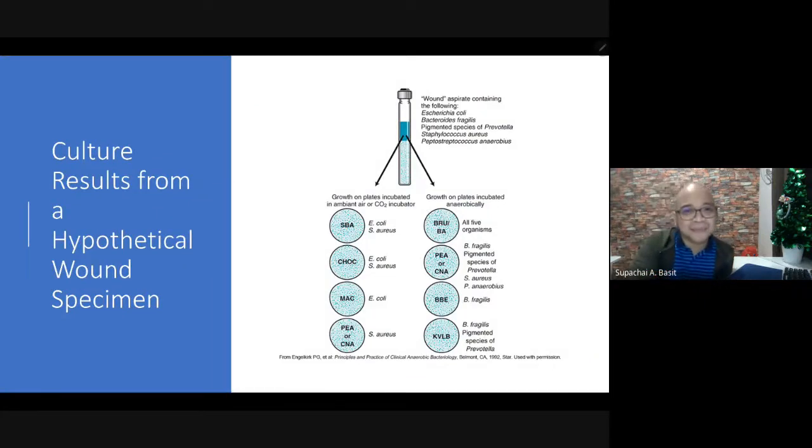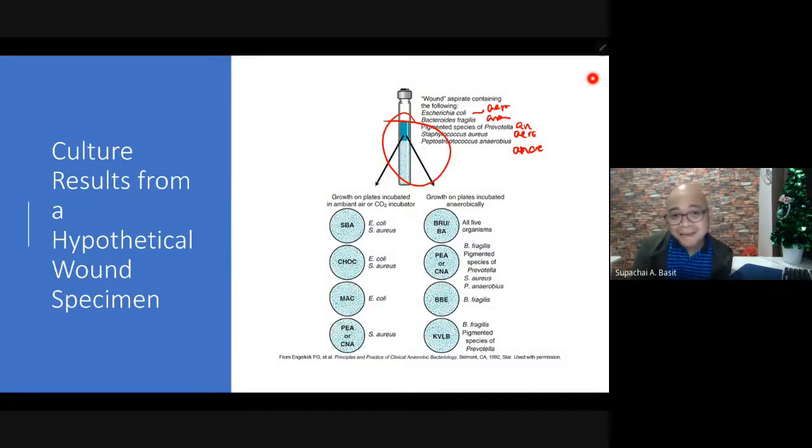For example, it is a wound. This wound contains several bacteria. For example, E. coli is not anaerobic, so this one is aerobic or facultative. Then Bacteroides is anaerobic. Prevotella is anaerobic. Staphylococcus aureus is aerobic. Peptostreptococcus is anaerobic. So one wound has two kinds of bacteria.